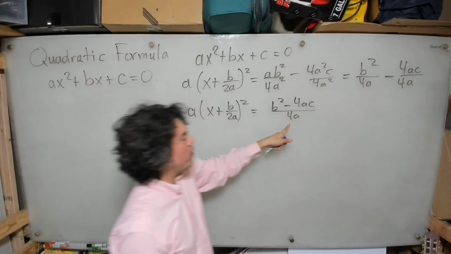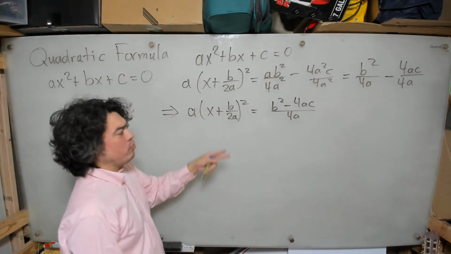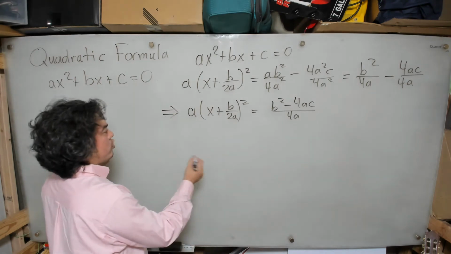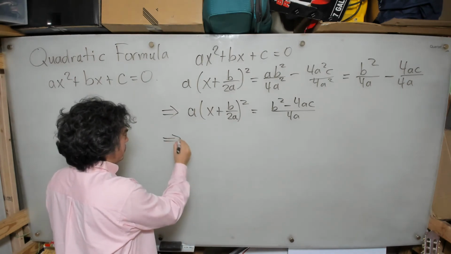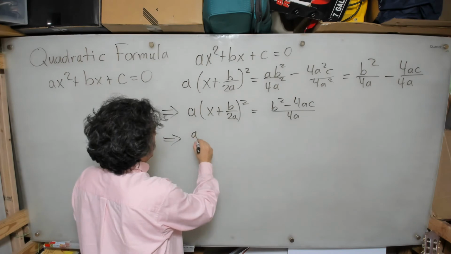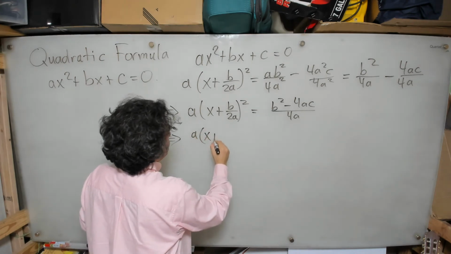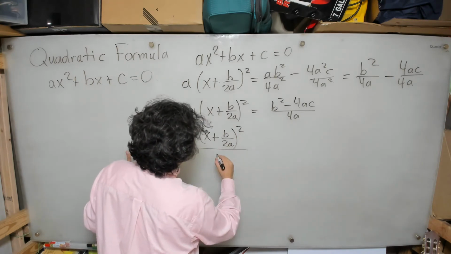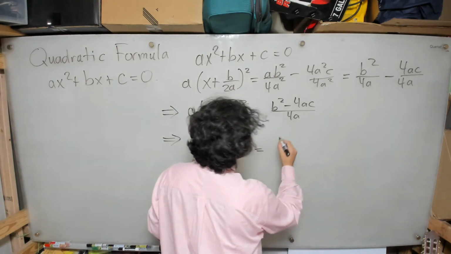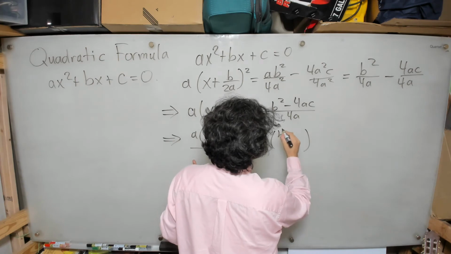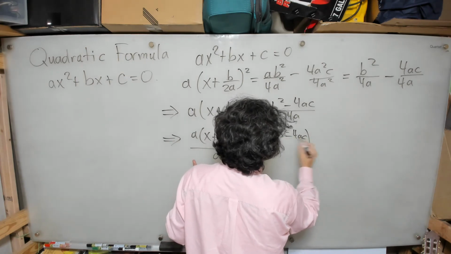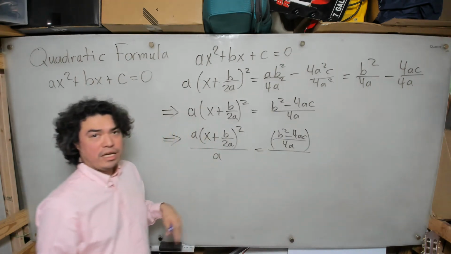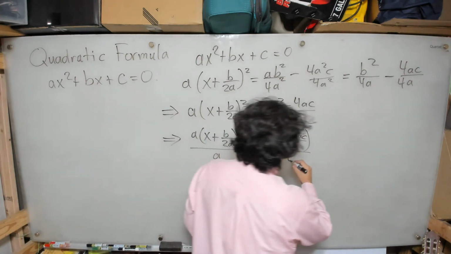When I divide the right hand side by a, the denominator is going to become 4a squared. Okay, let me show you that here explicitly. So a x plus b over 2a squared divided by a is going to be the fraction b squared minus 4ac divided by 4a divided by, instead of writing it, well, let me write it as a.